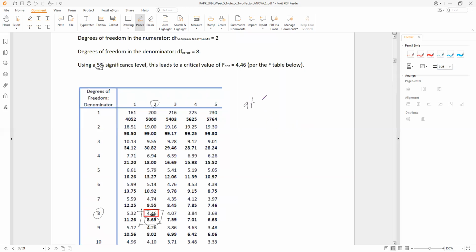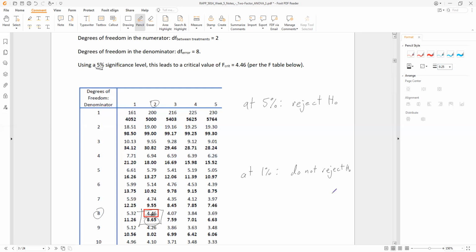So at 5%, we reject the null hypothesis. At 1% alpha, we do not reject. So whether we reject the null hypothesis depends on what our alpha was in this case.